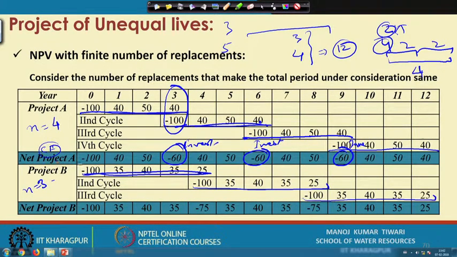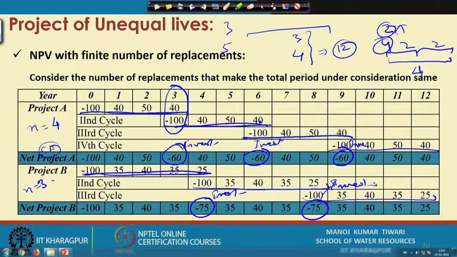This is the net cash flow for project A over a period of 12 years, while similarly for project B it is getting a cash inflow of 24 in year 4, and there is a 100 investment. So, there is a net 75 investment in year 4, and similarly there is a 75 investment in year 8.